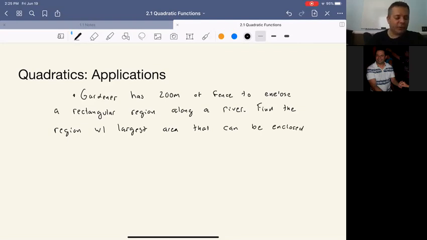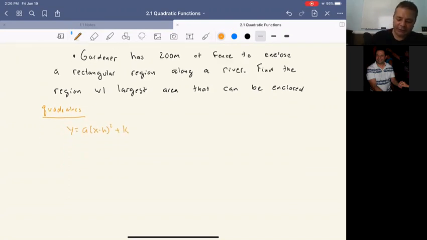Okay, so let's go ahead and set up the problem. We're going to talk a little bit about quadratics and their maxes and mins. So actually, let's talk about quadratics and their maxes and mins first, real quick. Let's say we have a quadratic y equals a times x minus h squared plus k.